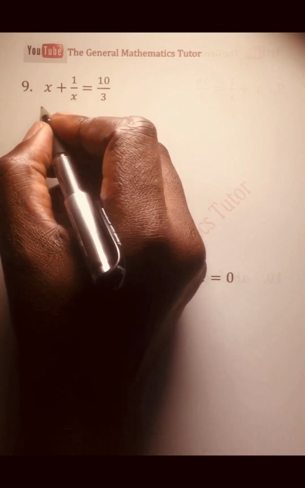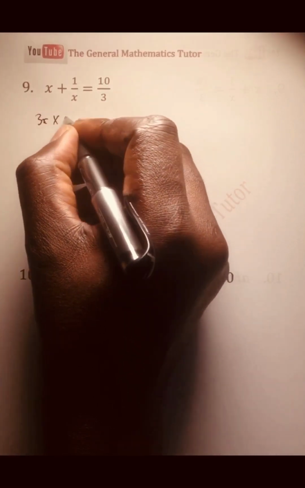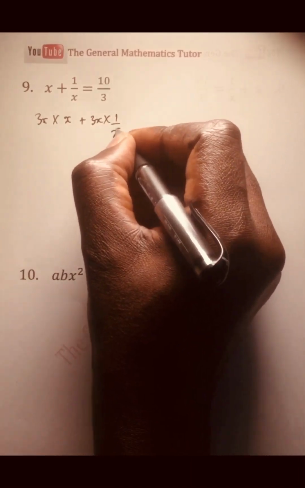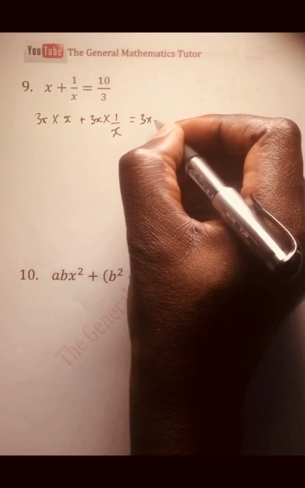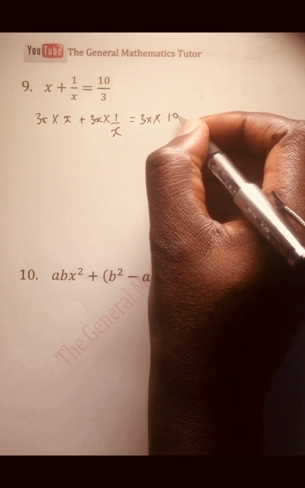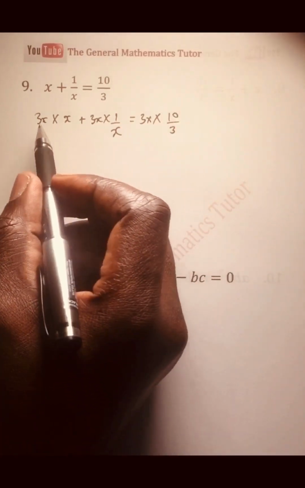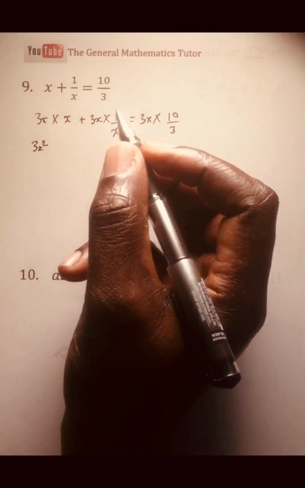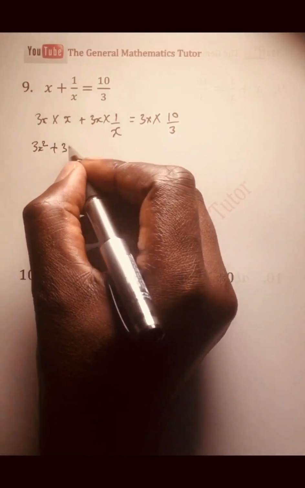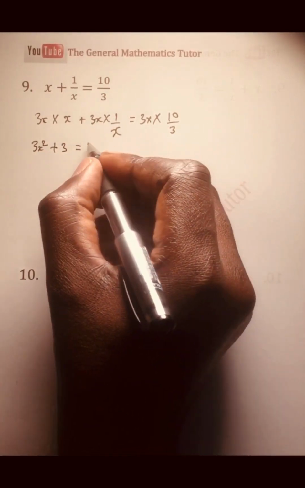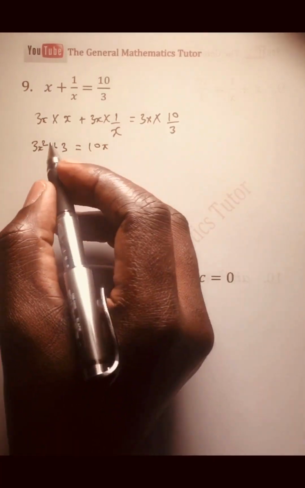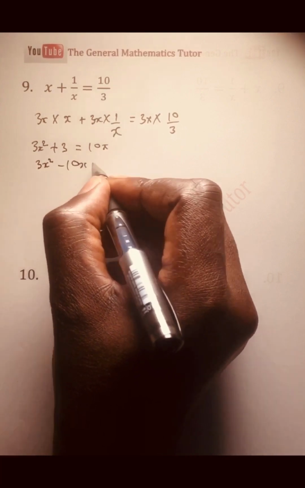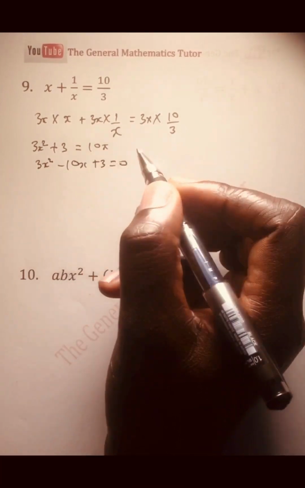So it means we have 3x times x plus 3x times 1 over x is equal to 3x times 10 over 3. So for the first case, we're going to have 3x squared plus 3 is equal to 10x, which we can rewrite to be 3x squared minus 10x plus 3 is equal to 0.